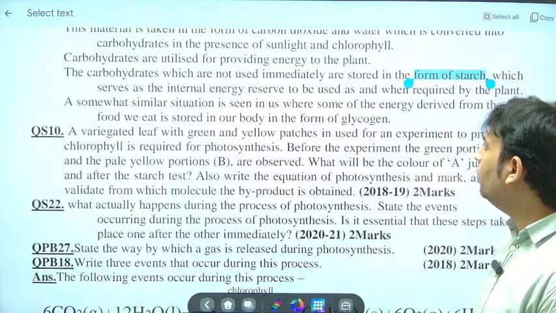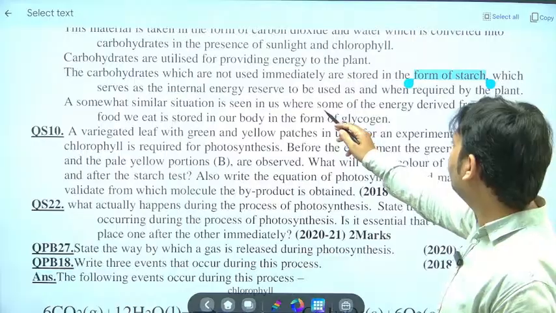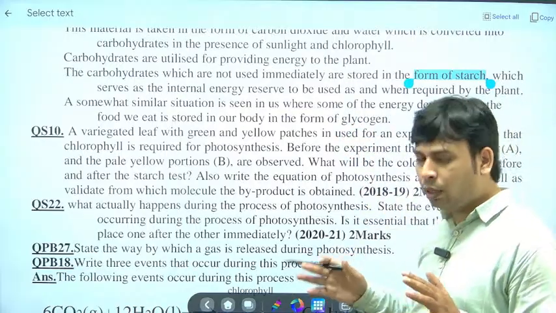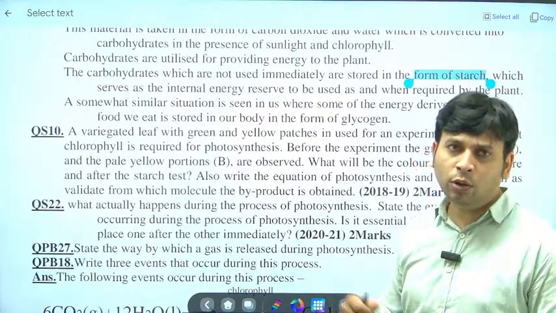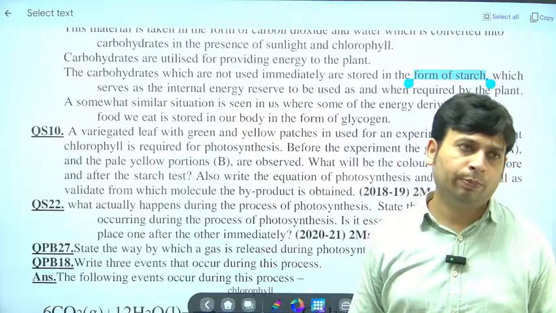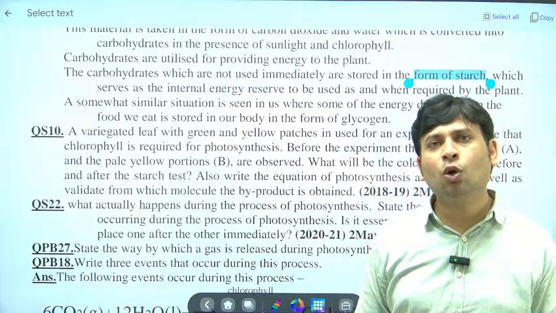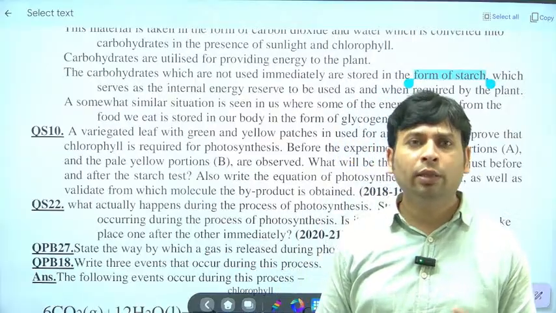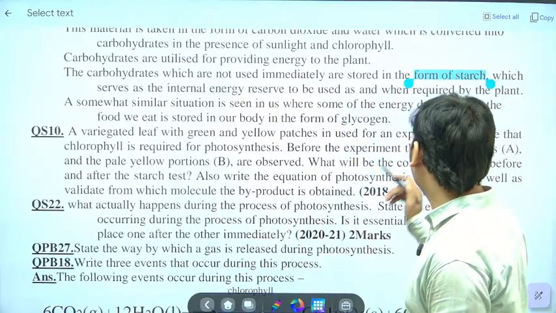A somewhat similar situation is seen in us, where some of the energy derived from the food we eat is used quickly, and some food which is not necessary at that time is stored in our body in the form of glycogen.